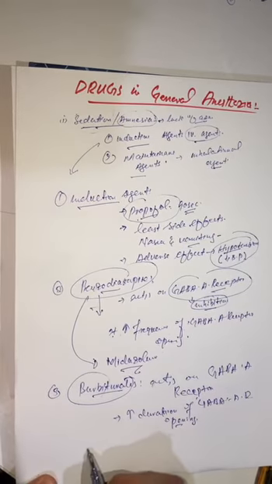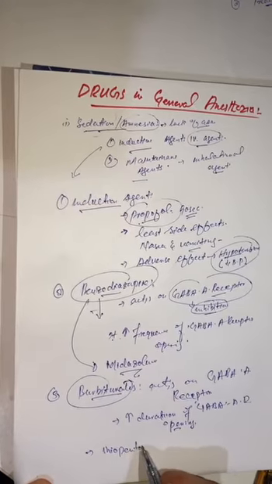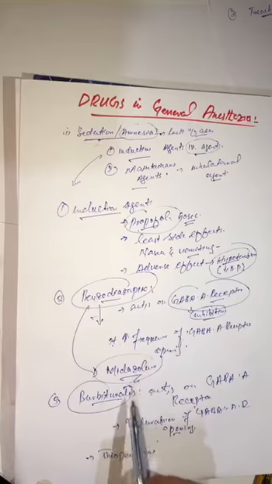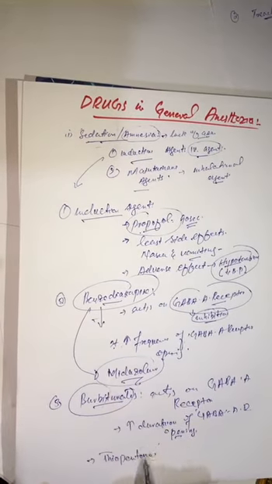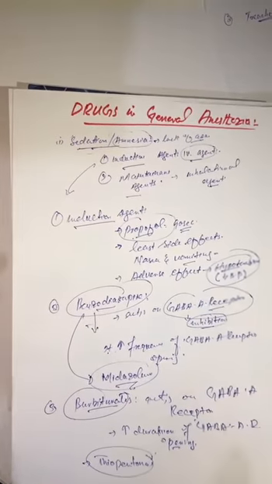The most common example is thiopentone. So midazolam is a benzodiazepine used as a sedative, and thiopentone is a barbiturate used as a sedative.